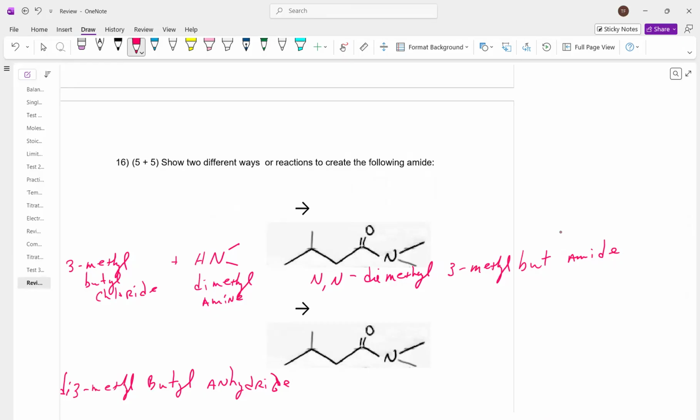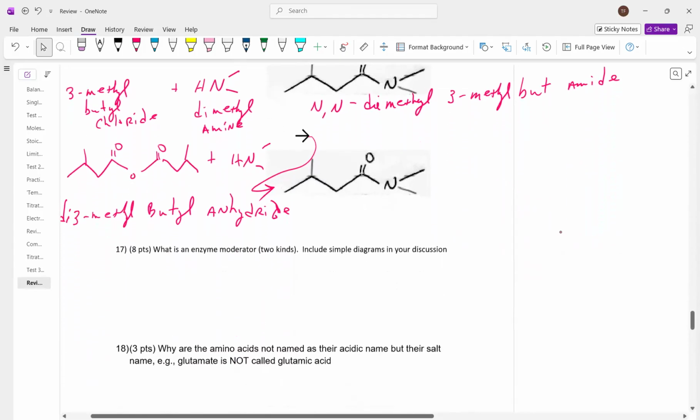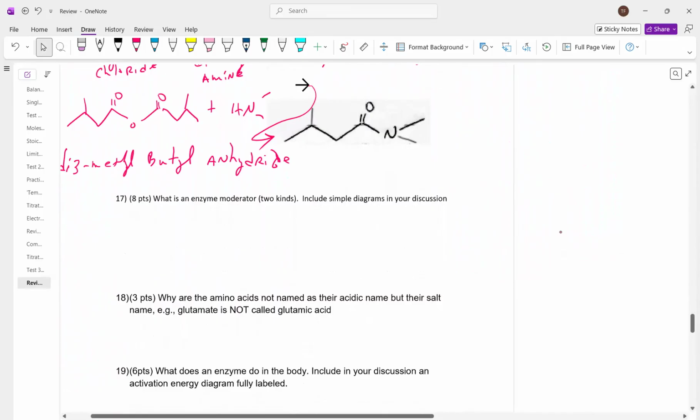Just going to look like this. And we're not using the acid because that reaction's too slow to even be called a reaction. So it's not included. Unlike the ester, which is slow, but it's fast enough to be included.